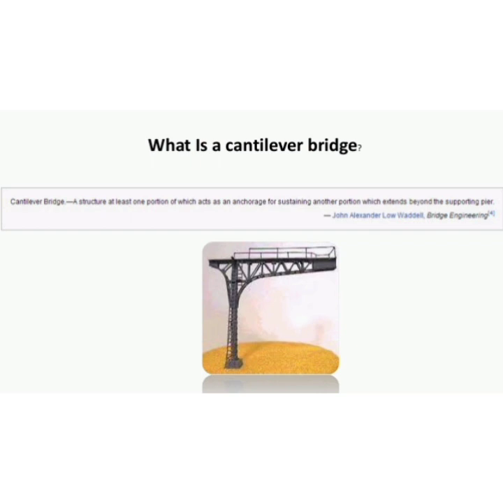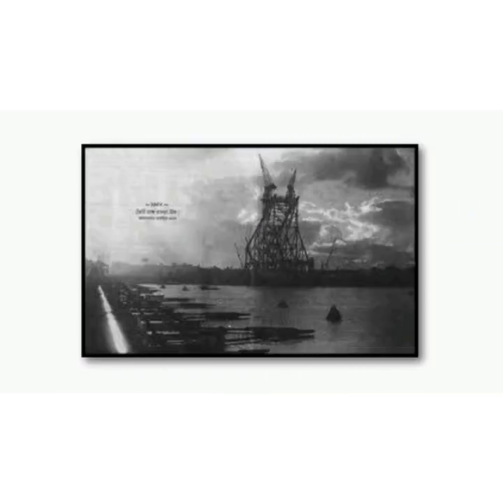A cantilever bridge is a structure of which at least one portion acts as an anchorage for sustaining another portion which extends beyond the supporting pier. So this is the figure of the bridge.